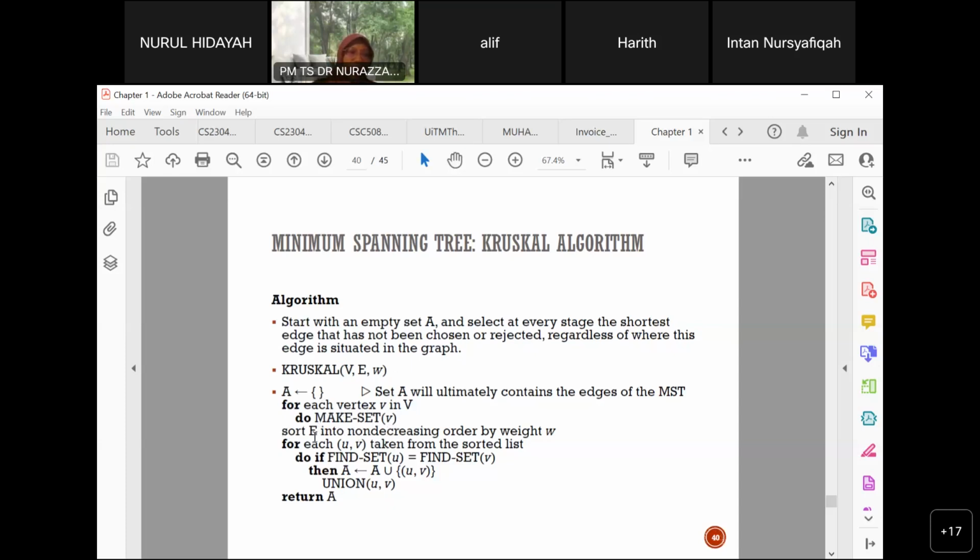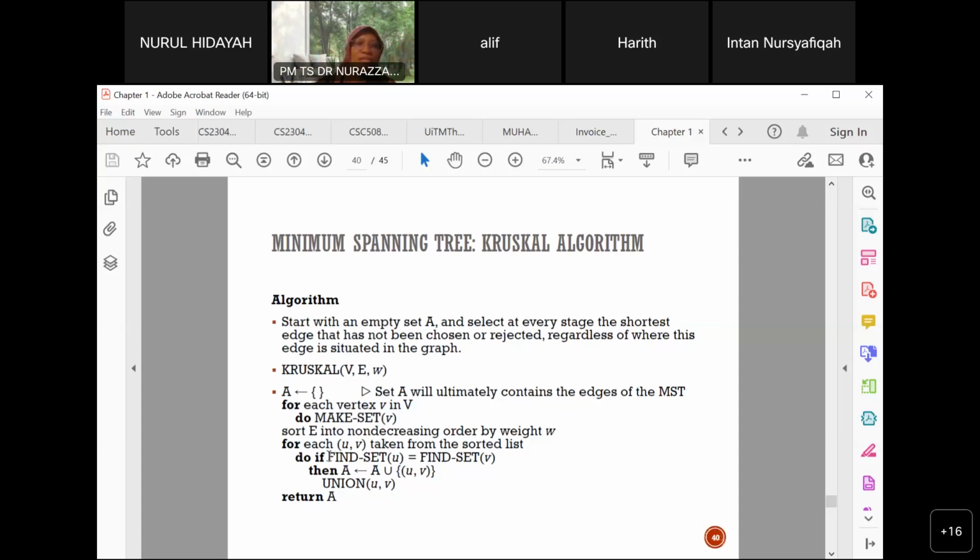And then sort E into non-decreasing order by weight W. Meaning non-decreasing tu increasing order lah daripada kecil ke besar. Bila kita setkan untuk MST tu, that means dia punya set of edges dia, E tu. And then sort E into increasing order by the weightage.